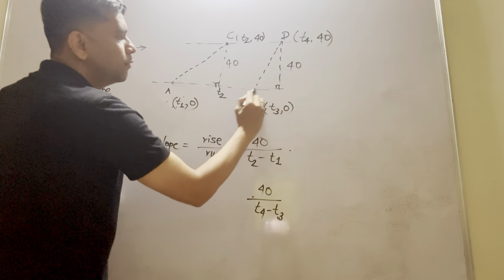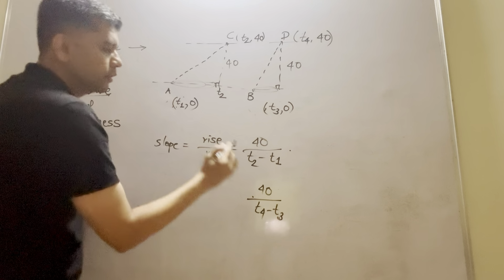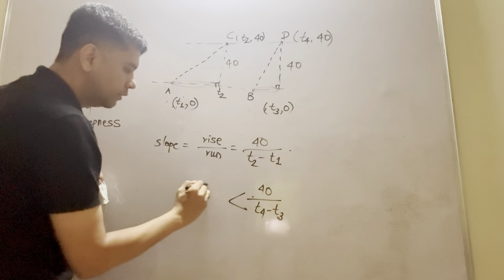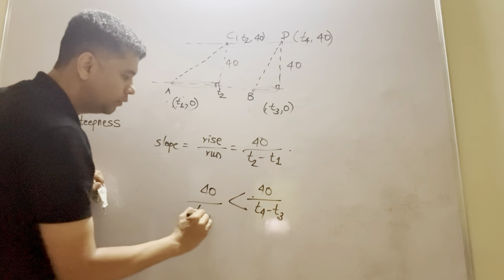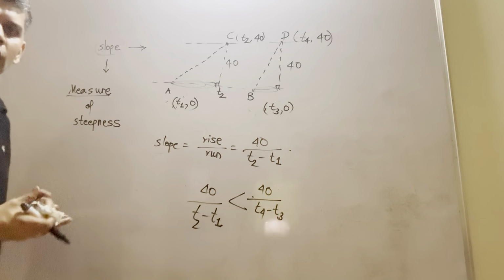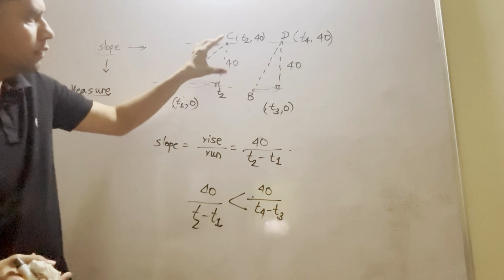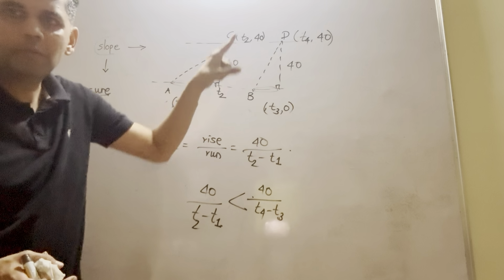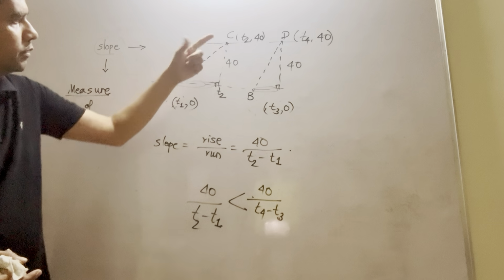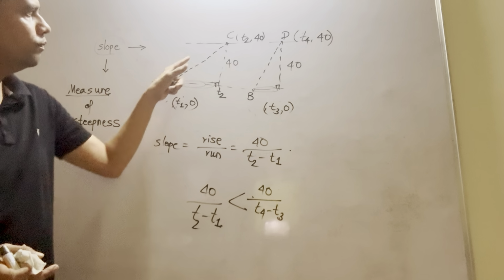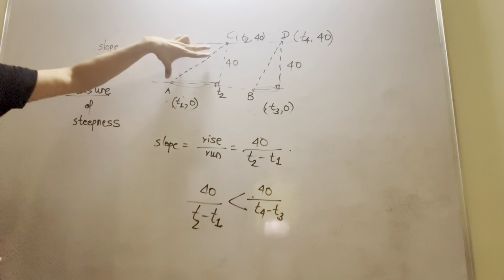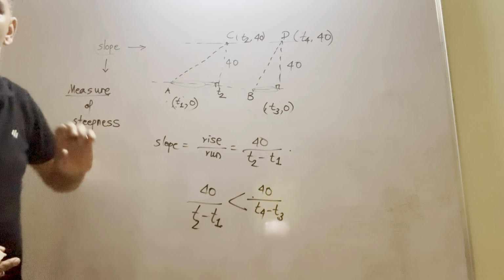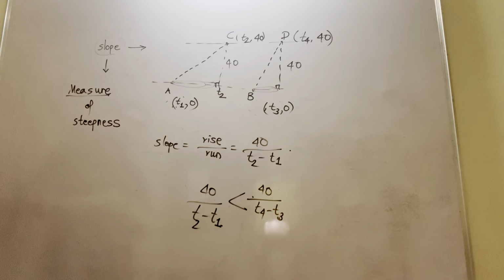Now, as you can see, t4 minus t3 is smaller, so this number is going to be greater than 40 upon t2 minus t1. So if you cover the same height in a shorter span of time, then the slope will be higher. Whereas if you cover the same distance in a greater amount of time, then the slope will be smaller, because this is less steep as compared to this one, right? I hope all of you agree with this.